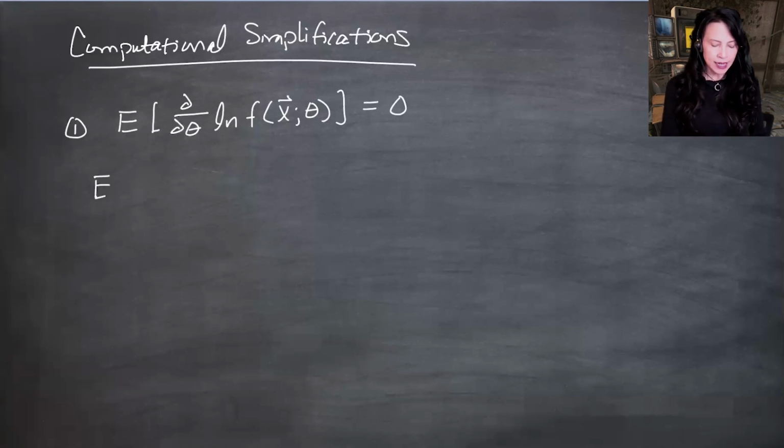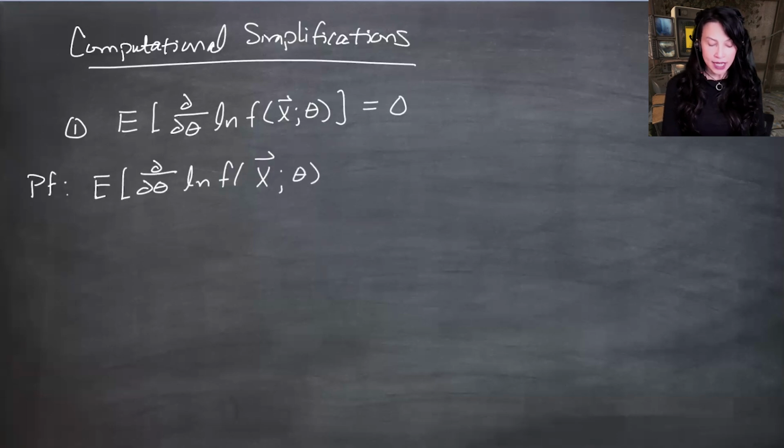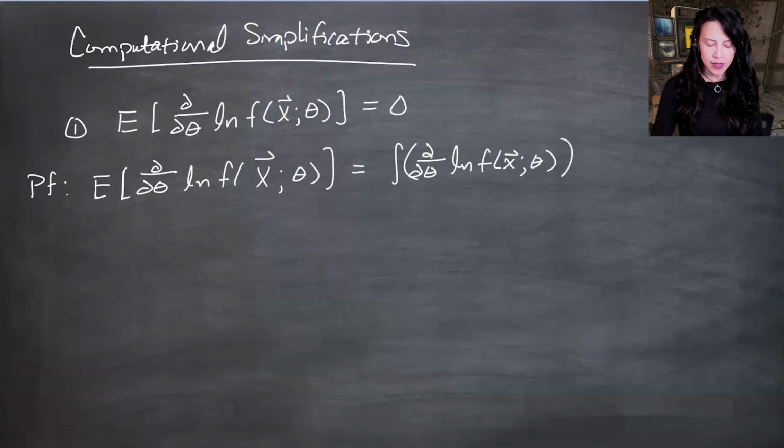This is the proof. How would you compute the left-hand side? This is a function of the vector of x's, so it's going to be the integral, which is really an n-dimensional integral, of the function with the lowercase x's plugged in, multiplied by the PDF for the x's, because it's an expectation involving the vector of x's.